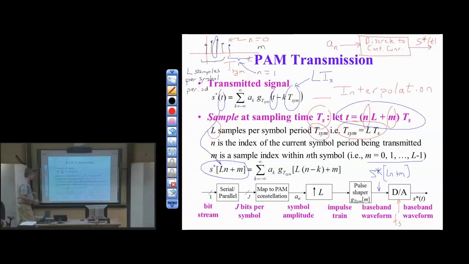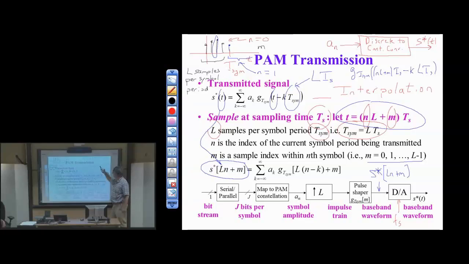So now after sampling, what's in the argument for the pulse shape? If I do the sampling here, I get g of t, where little t is (nL plus m) T s minus k L T s after sampling.